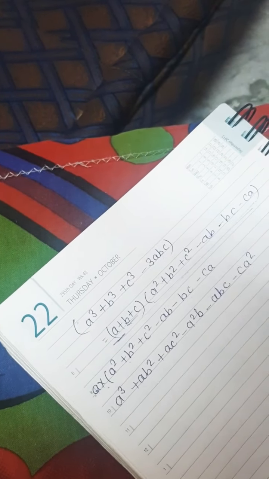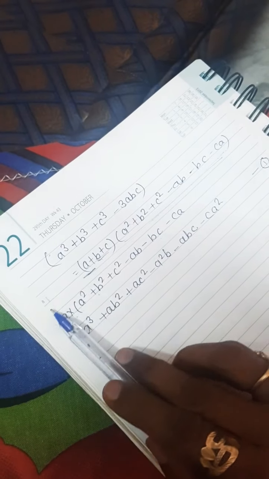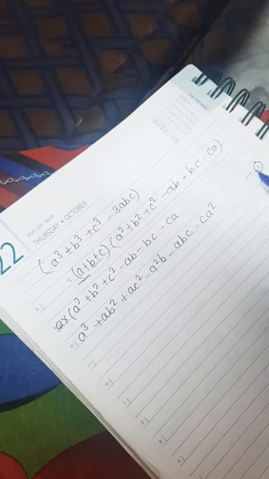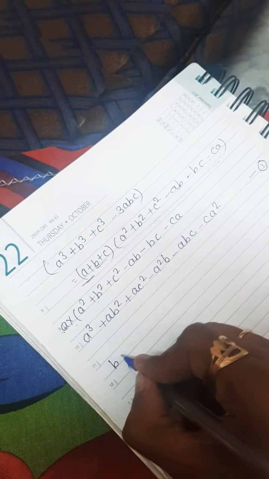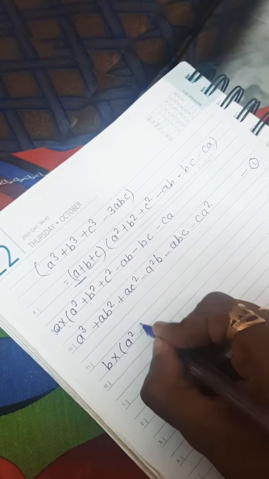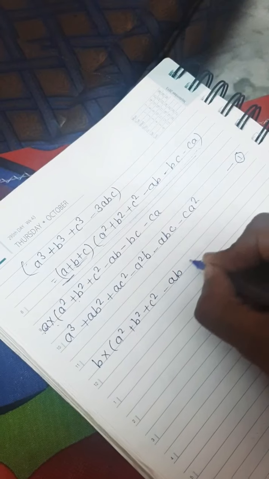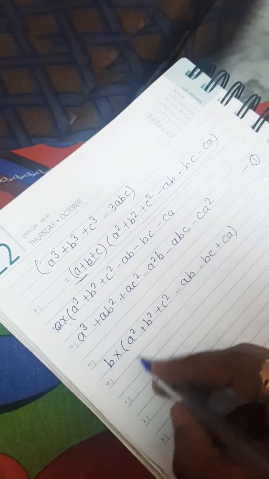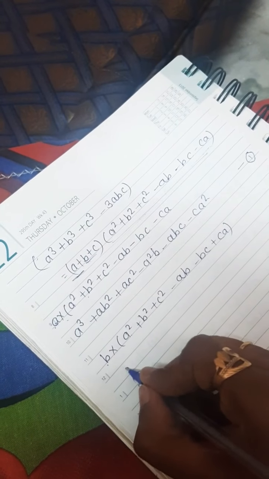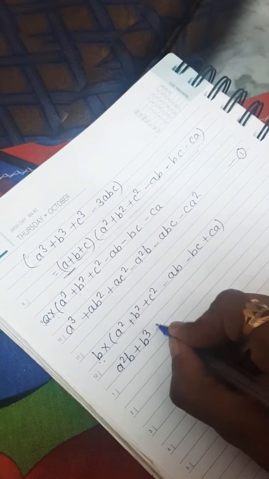Fine. This is my equation number 1 because I have multiplied with the first term. Now let's multiply the second term, that is b, with a square plus b square plus c square minus ab minus bc minus ca. B with a square, so obviously this is a square b. Here it will be b cube, same as we have multiplied.